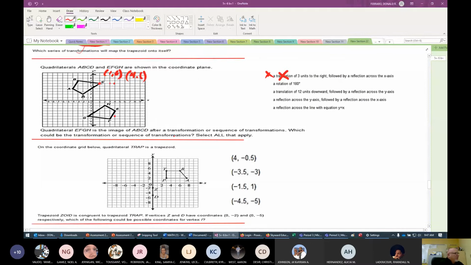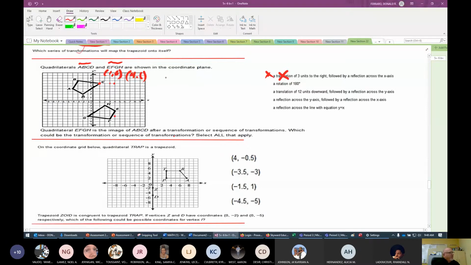Now, could we rotate this 180 degrees? One of the important things we need to do is a conversion. They tell us quadrilateral ABCD and EFGH, and the way those letters are oriented is the way they're going to correspond.